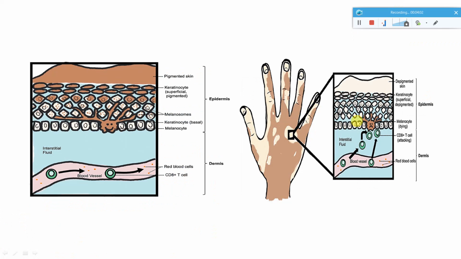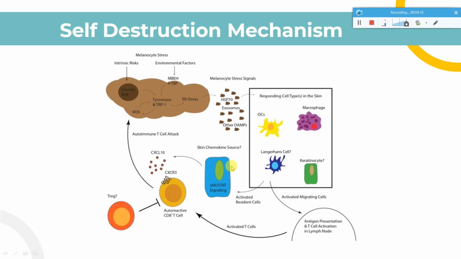This shows the CD8 cells, the T cells of the body, recognizing these melanocytes as foreign molecules and attacking them. Once these cells are destroyed, they cannot produce the pigment. This is again to show you various reasons for this.